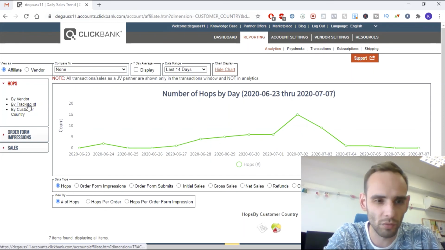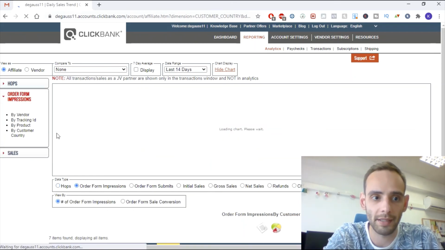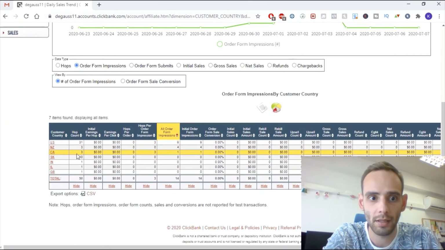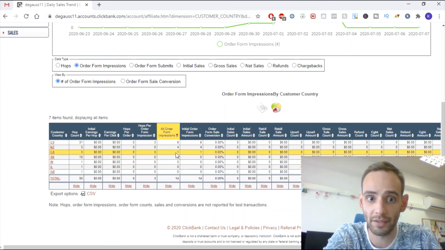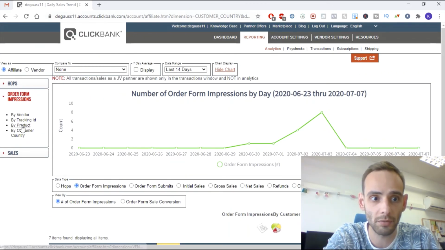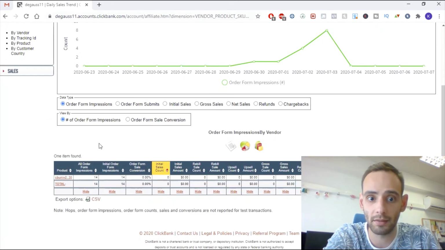By tracking ID, if you're using them. I haven't used one, so nothing will show up. But here is again order form impressions, very good one. By customer country, here it is, you can see which ones are from which countries. By product is a good one if you are using more products.